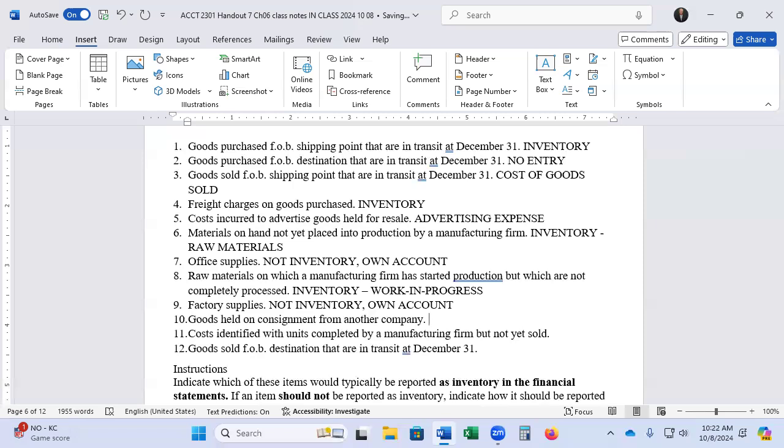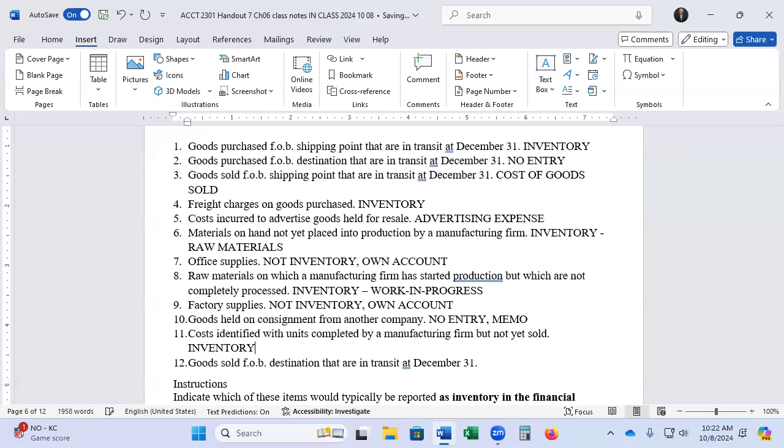Goods held on consignment from another company, so you'd have no entry. You might record a memo. But remember, a memo is not an accounting record, but you do need to track that you have somebody else's inventory. Costs identified with units completed by a manufacturing firm, but not yet sold. So this is all the costs to produce the product, and all of those costs go into finished goods.